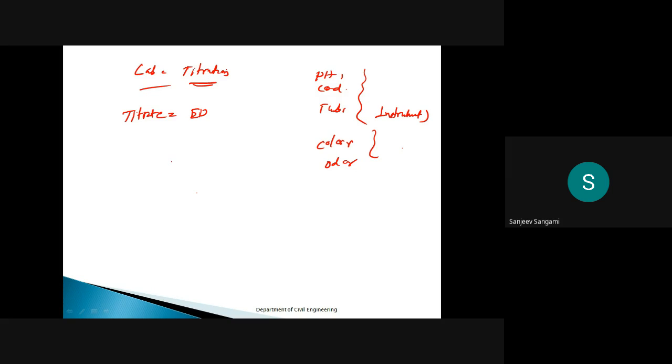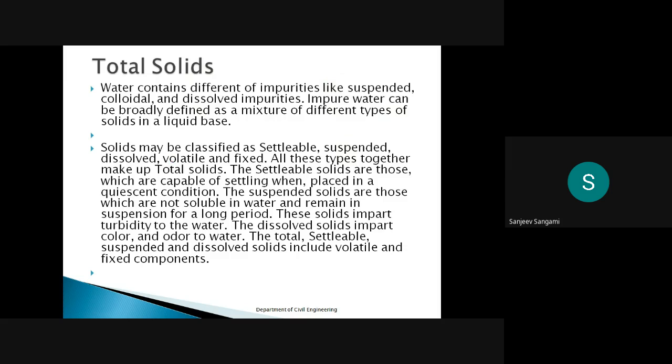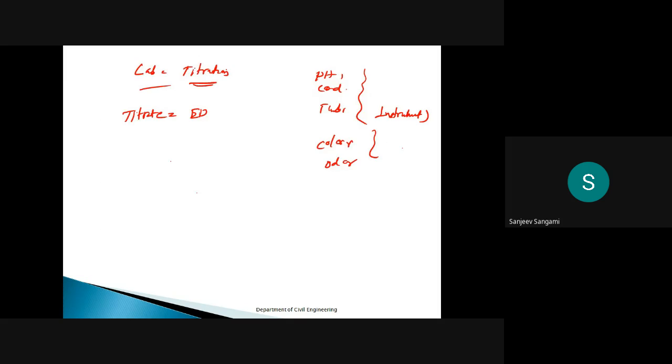Okay, so it is named after that only, the EDTA method. So the method of determination is EDTA. Okay, then usually it is expressed in terms of milligram per liter as CaCO3.